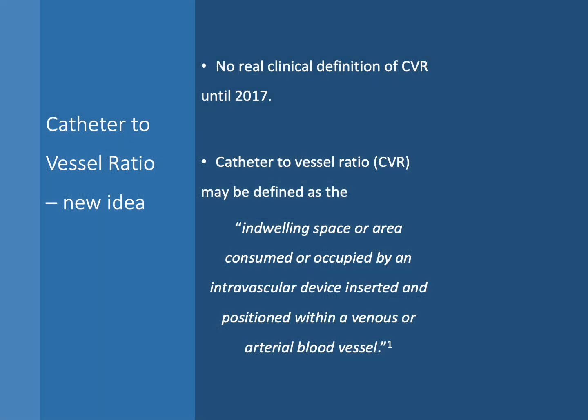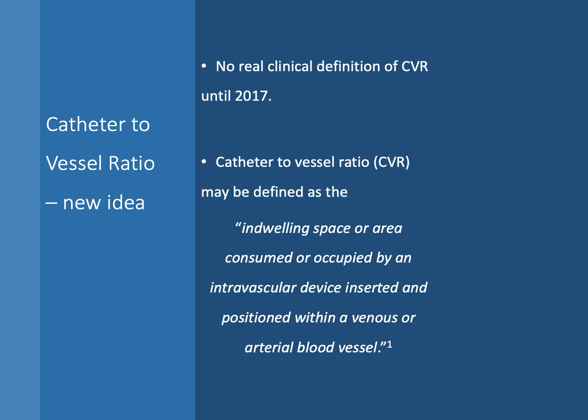So in 2017, a publication came out talking about catheter vessel ratio definition and that there wasn't really a clinical definition of catheter vessel ratio that had been defined in the literature. And this paper defined catheter vessel ratio as the indwelling space or area consumed or occupied by an intravascular device inserted and positioned within a venous or arterial blood vessel.